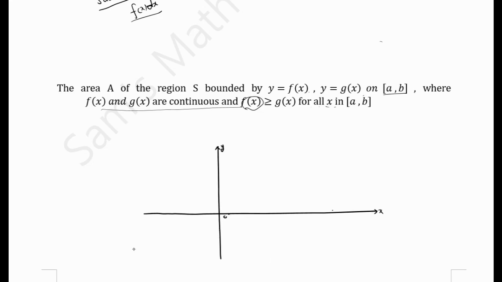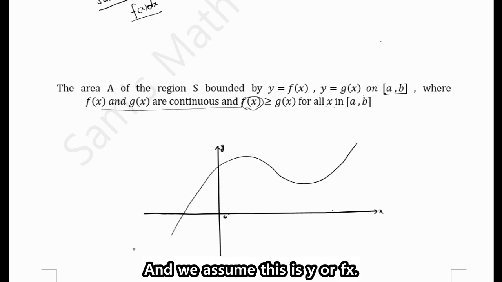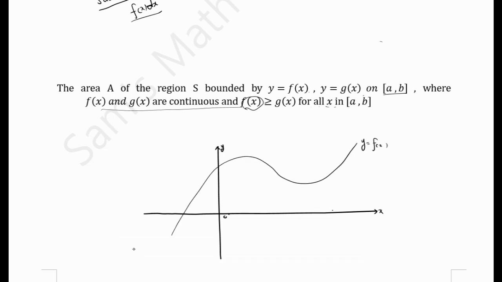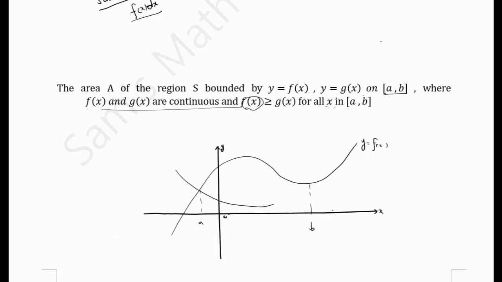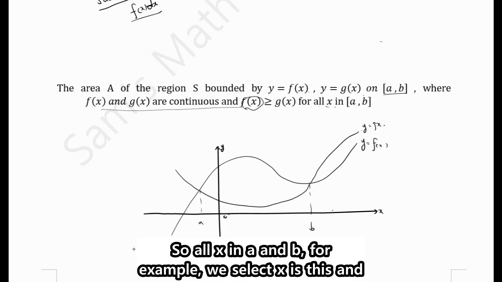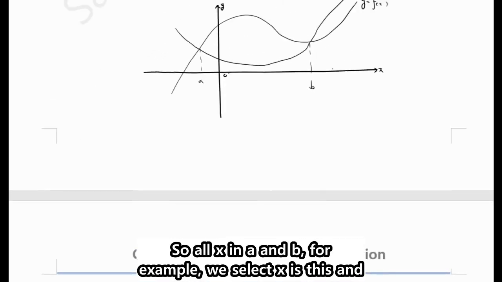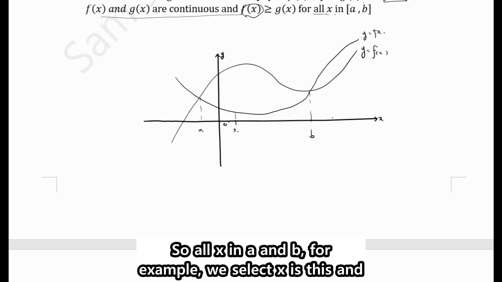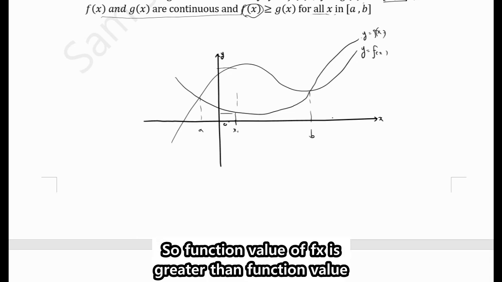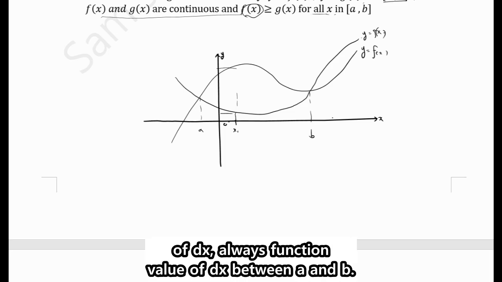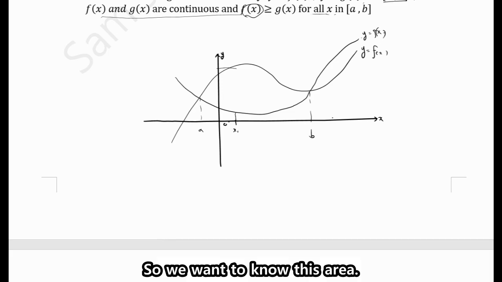We assume this is y equals f(x) from a to b. f(x) is greater than g(x), and g(x) may be like this. This is y equals g(x). For all x in [a, b], for example, we select x here, and the function value of g(x) is this, the function value of f(x) is this. So the function value of f(x) is always greater than the function value of g(x) between a and b. We want to know this area.